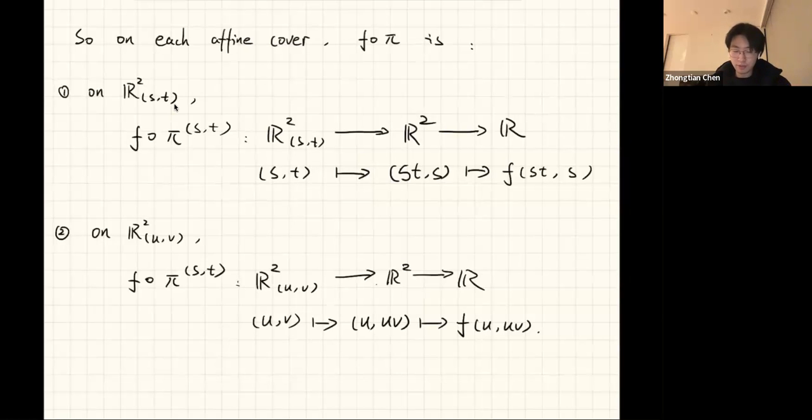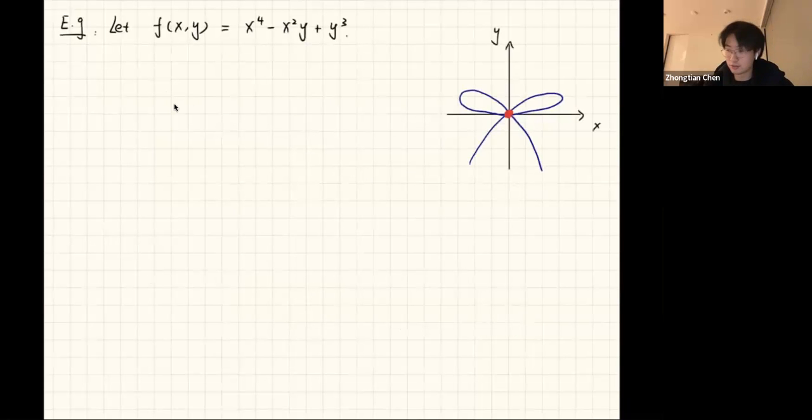Right, so if I give you a polynomial, the effect of the blow up on this polynomial is that you just substitute st for x and s for y in this coordinate, and in the other coordinate you substitute u for x and uv for y. Let's do this with an example.